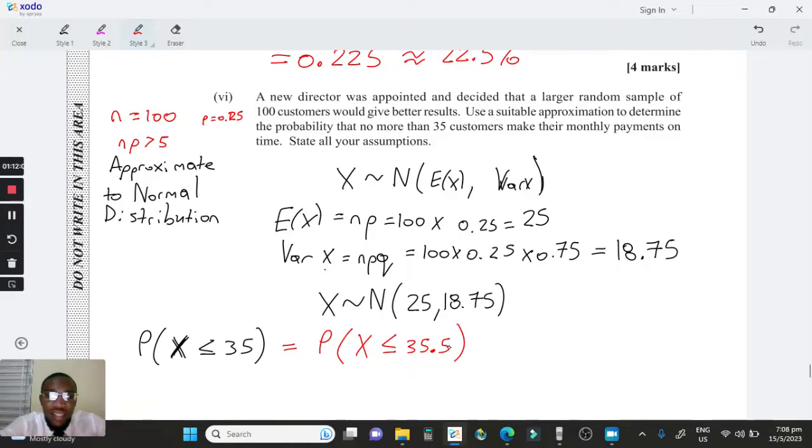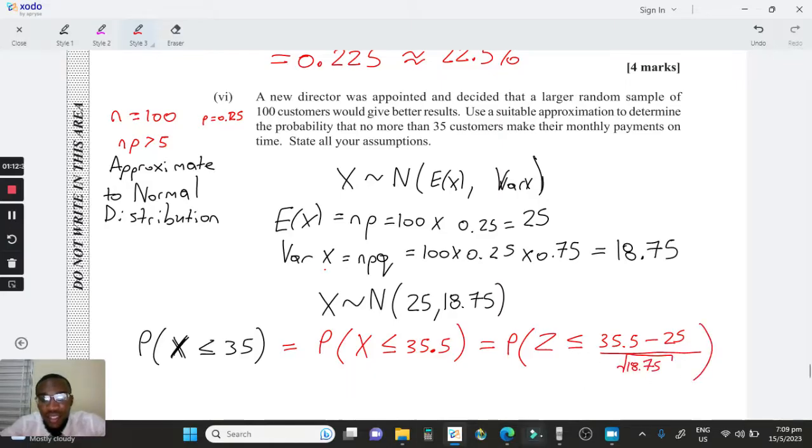Well, not really standardize it, but the continuity correction allows us to go up to 35.5. So in this case now, it's equal to the probability of, standardize it, z less than or equal to 35.5 minus 25 divided by the square root of 18.75.